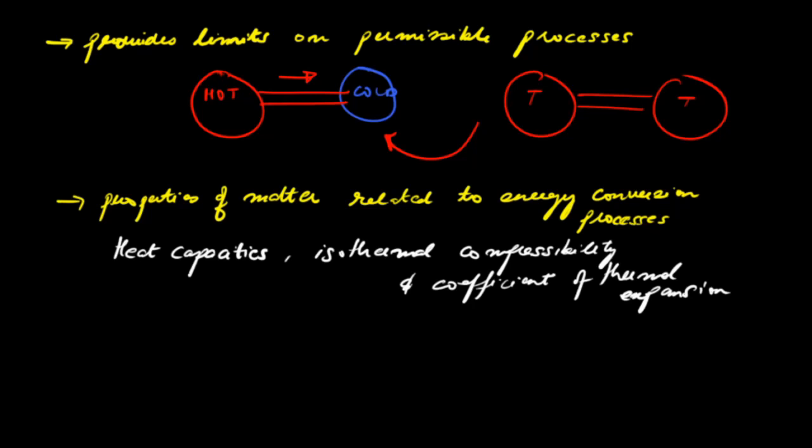Then from thermodynamics we can get a relation, which we may see later on, called the Clapeyron equation. And this tells us how the boiling point is going to change if we change pressure.